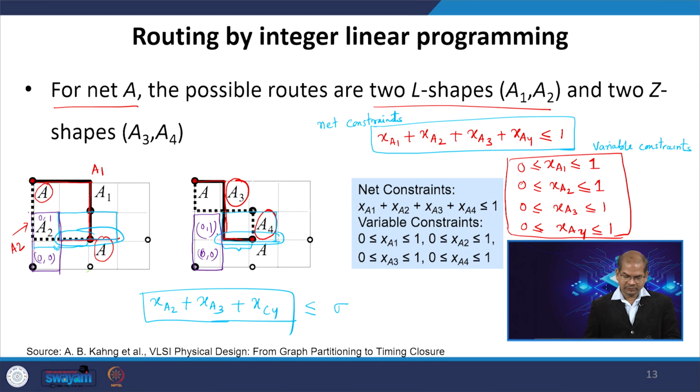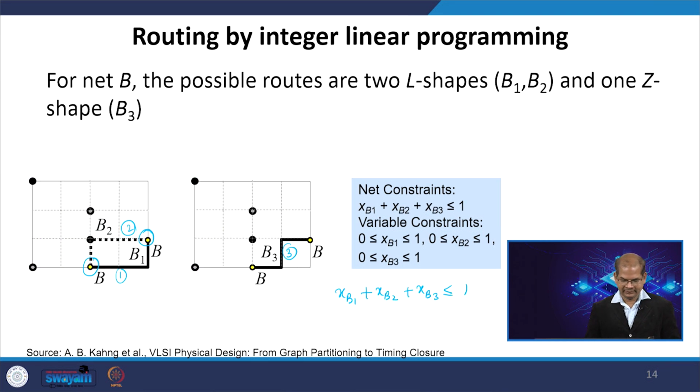The net going here is basically A2. In this area there is no routing, so there is no constraint for the A net. In this area, 0 0 and 0 1, there is no routing, so from the B net also there is no constraint.